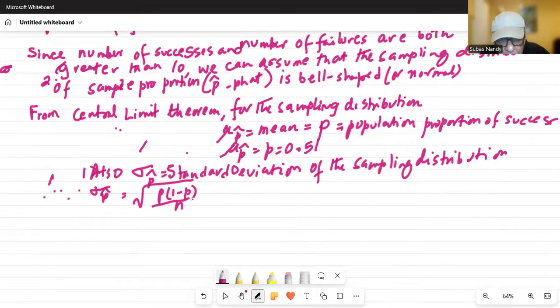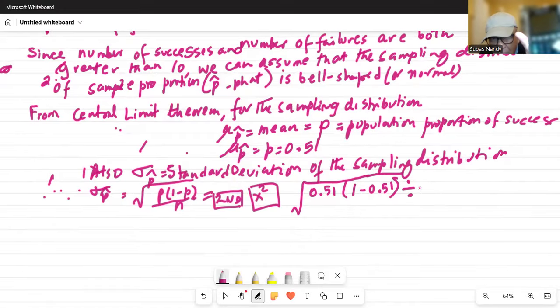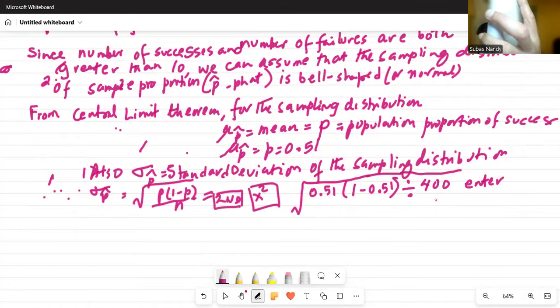We press the second button in the calculator, then the x square button gives me the square root.